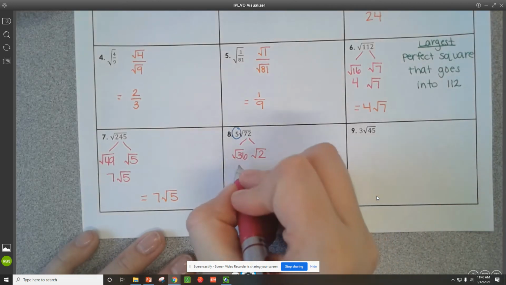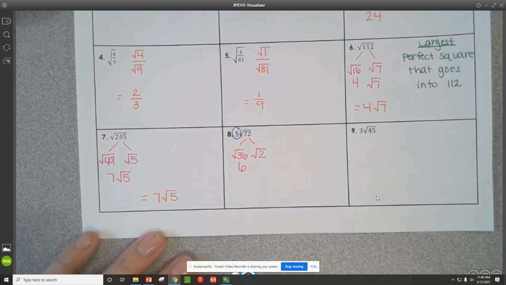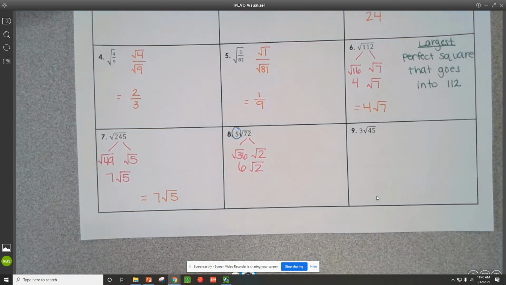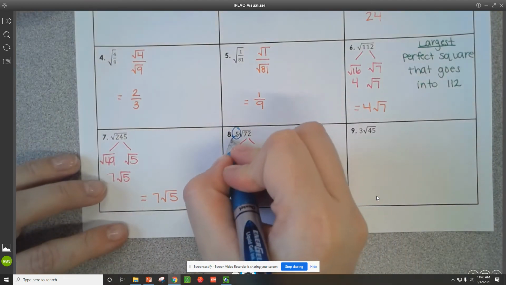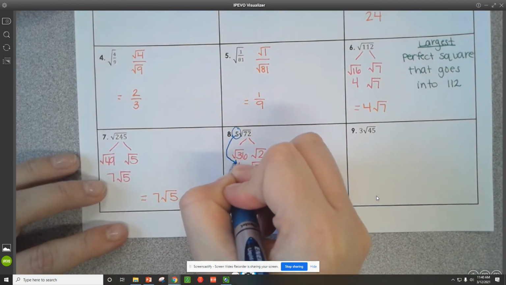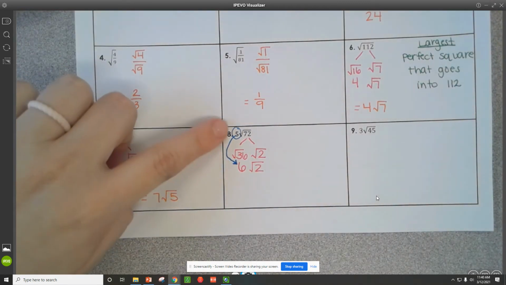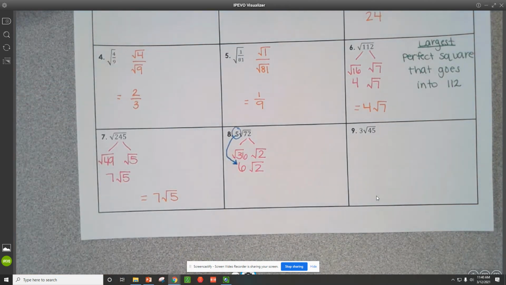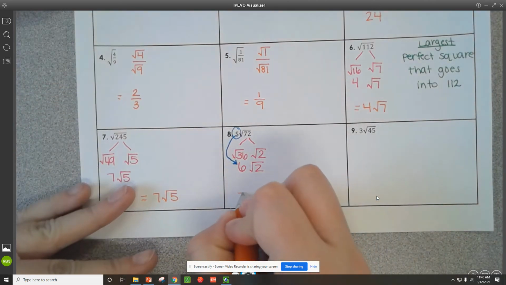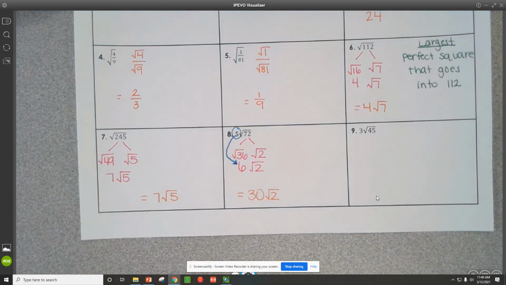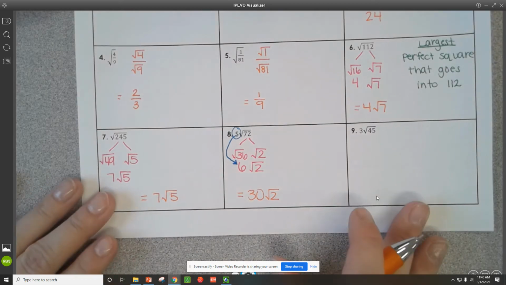And we know the square root of 36 is 6. We just leave square root of 2. But we have this 5. So you can multiply numbers that are outside of the radical. So 5 times 6 is 30. And then radical 2. You only multiply numbers that are outside of the radical or numbers that are inside of the radical.